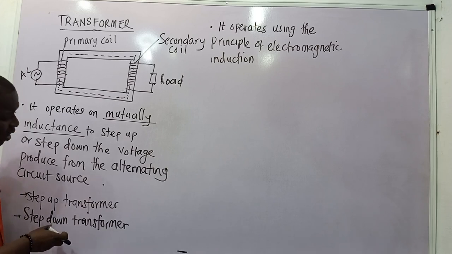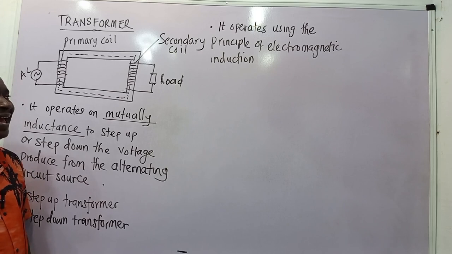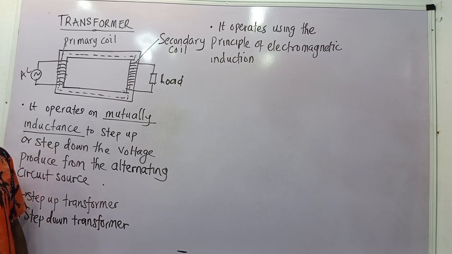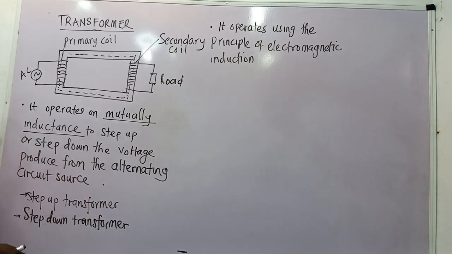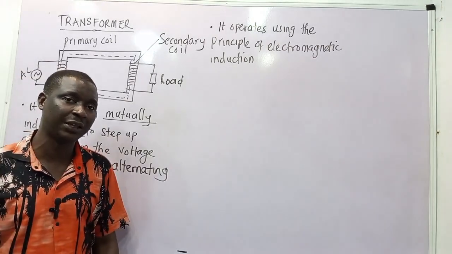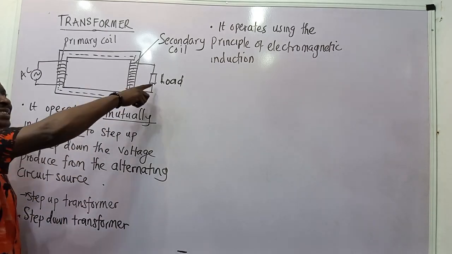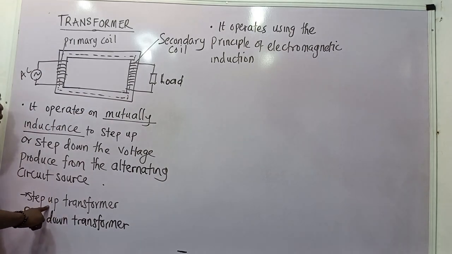We use step down transformers in homes where TV, television and all that is required, to operate such homes. Then to supply power stations, we use step up where high voltage is required. It depends on what they need at this end, if there is a need for high voltage.